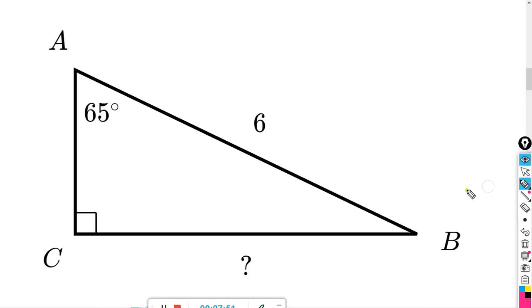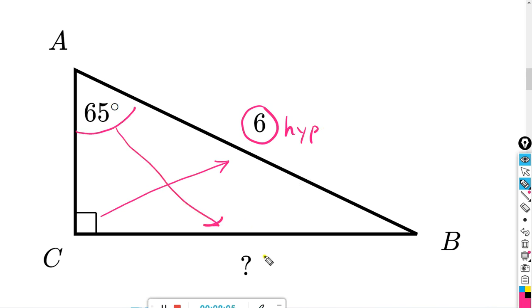All right, let's see. First step is to label the side lengths. Across from the right angle, right here is your hypotenuse. Across from the angle that's given, that is your opposite.